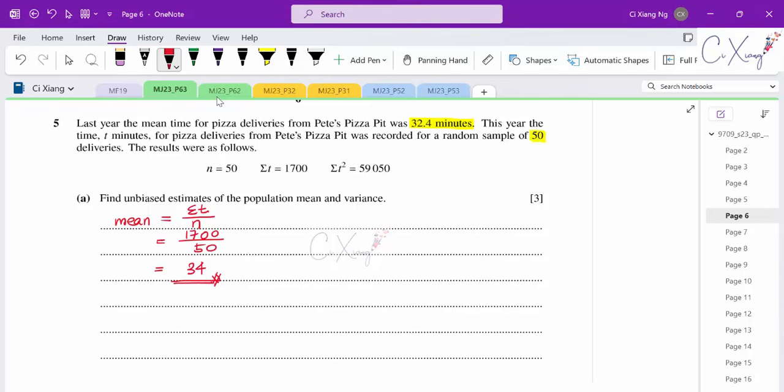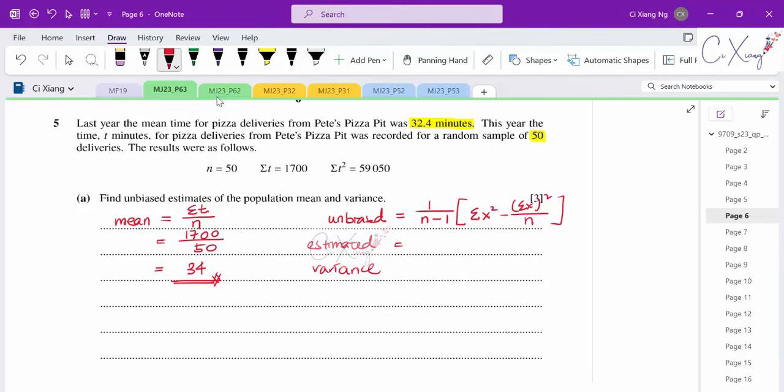Then now I continue to the unbiased estimated variance. The general formula is 1 divided by n minus 1, then the summation of x squared minus the summation of x, the whole thing squared, divided by n.